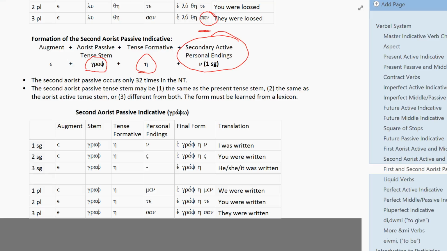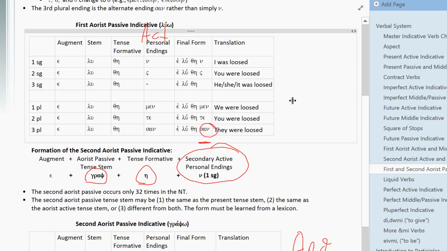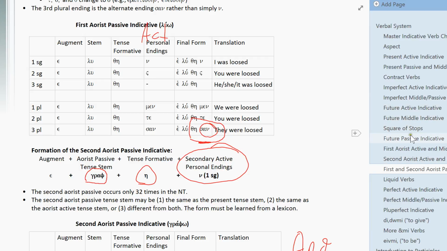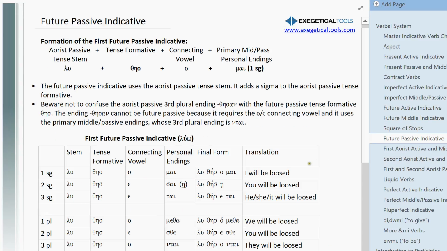You probably already watched the future passive indicative. And if you'll remember, the future passive indicative has this tense formative thesis, and so you can end up confusing that with this theison up here. So let me see if I can actually find the future passive.